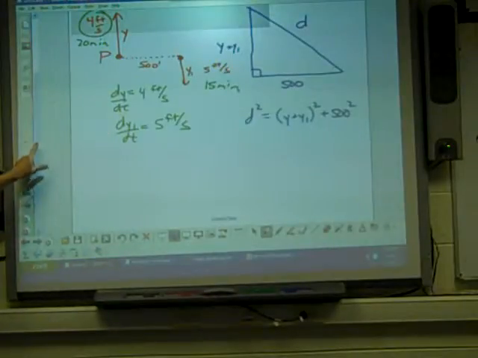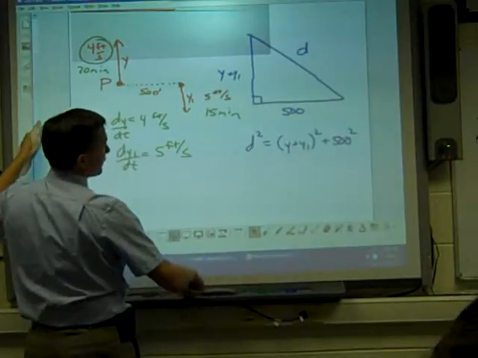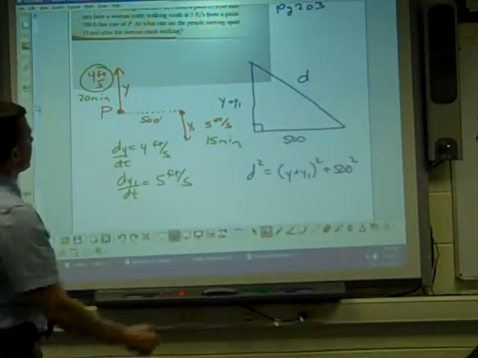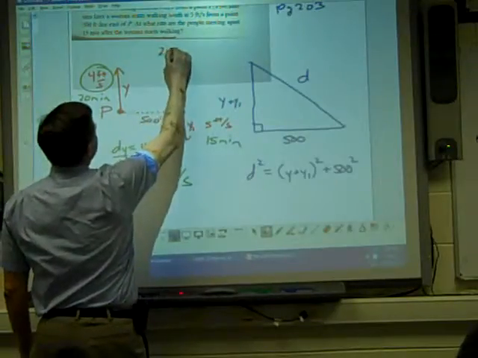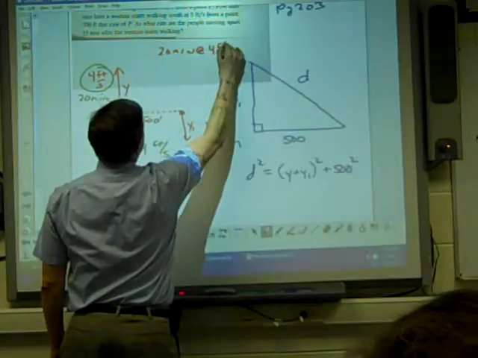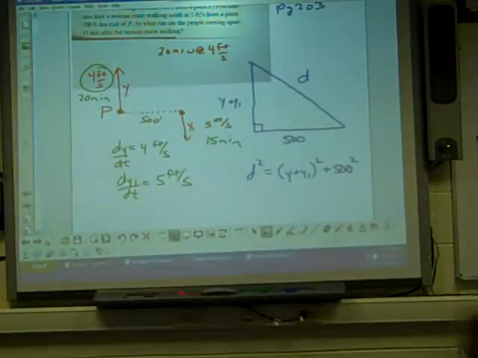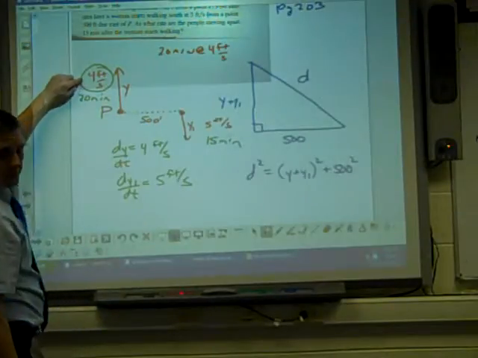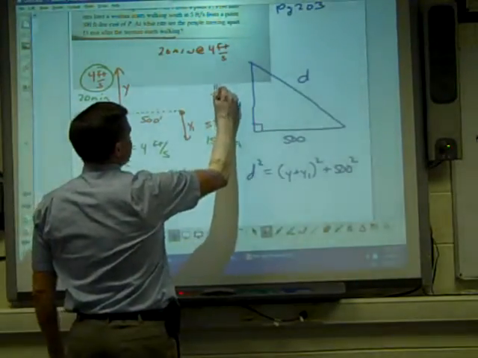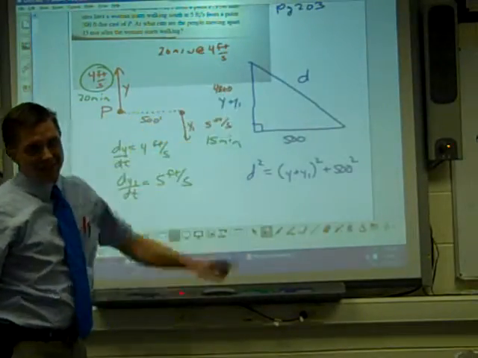We also need to know, at the 20-minute instant, what are the distances? Well, this is 500 feet. I have to do 20 minutes at 4 feet per second. Did you guys get 4,800 feet for the man? You have to take 20 minutes in seconds.